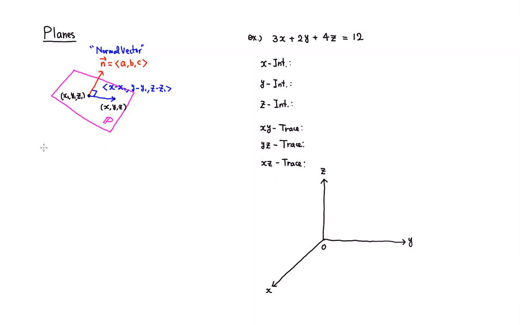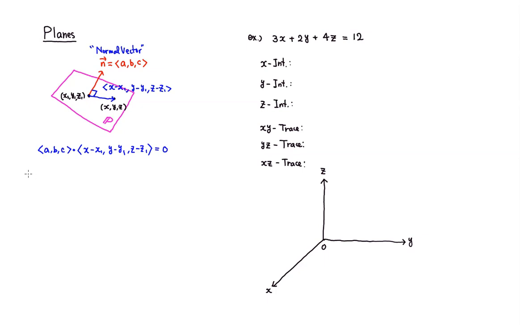So here's the normal vector a, b, c, and we take the dot product with the vector x minus x1, y minus y1, z minus z1. This dot product is equal to 0.